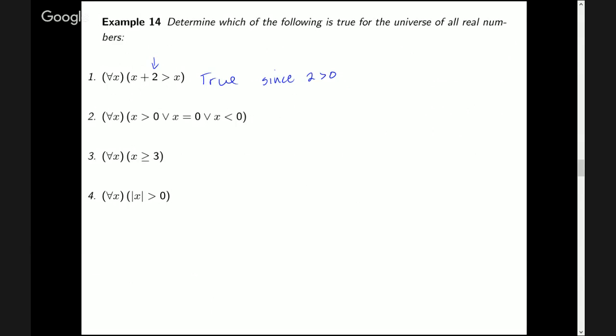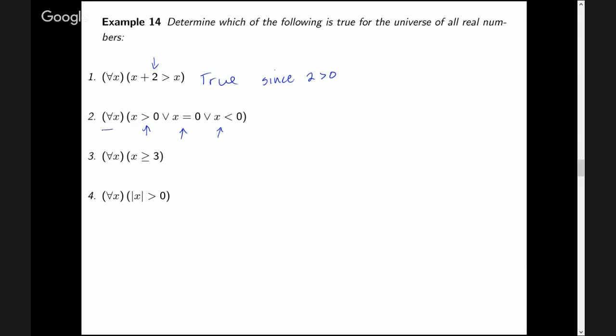For all x, x is greater than 0, or x equals 0, or x is less than 0. Can there be any other option for a real number? Positive, equal to 0, or negative? That's everything.